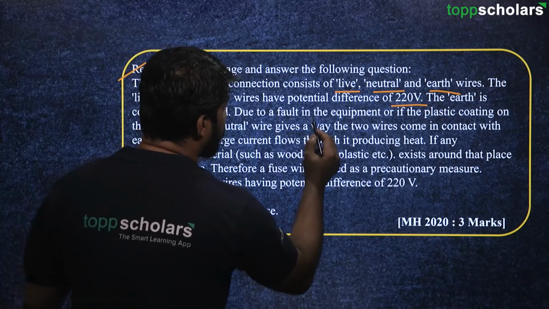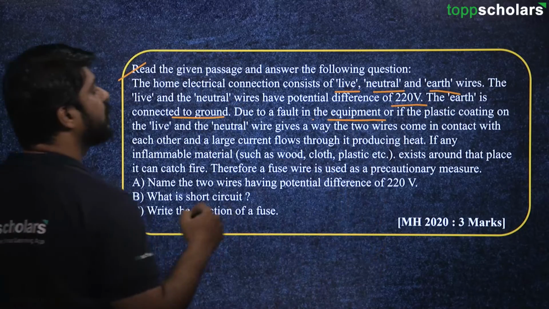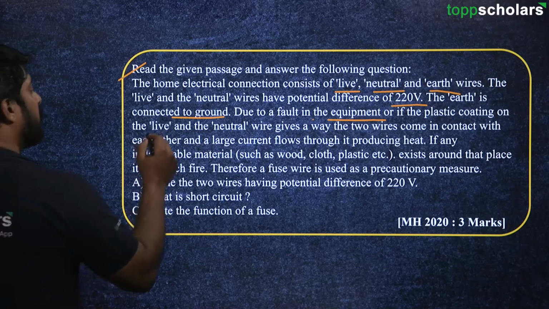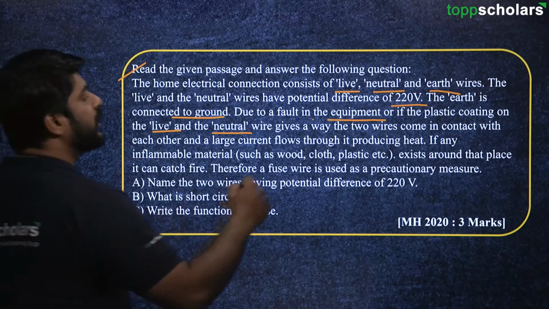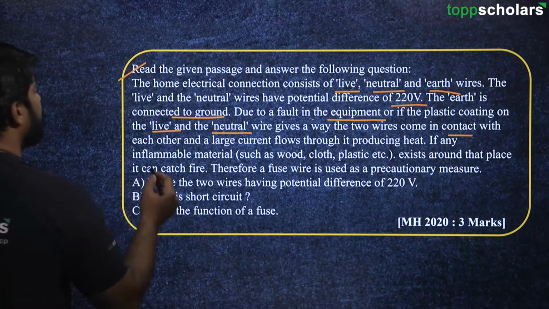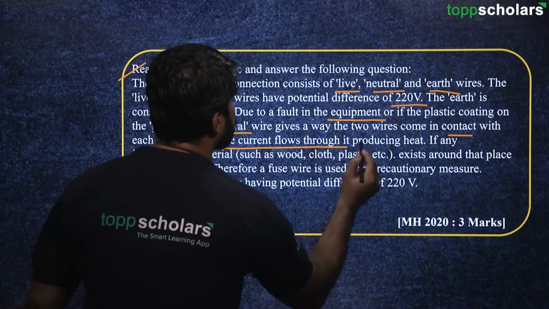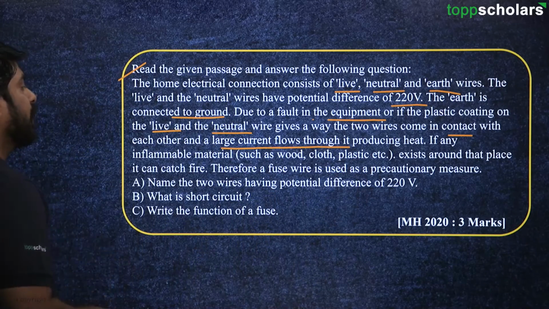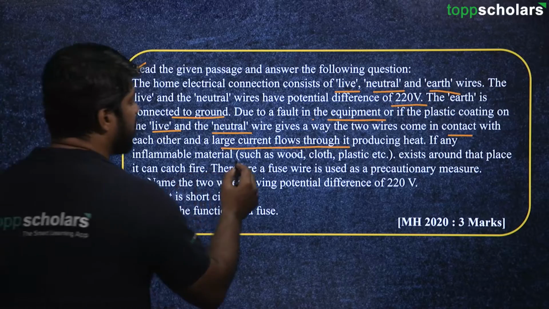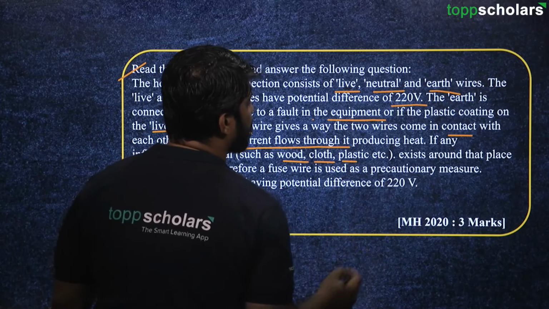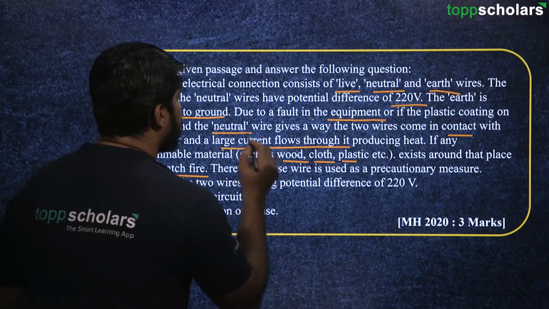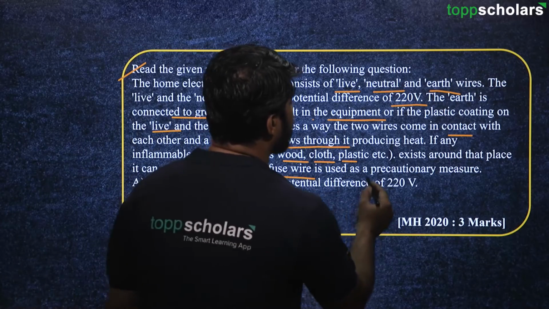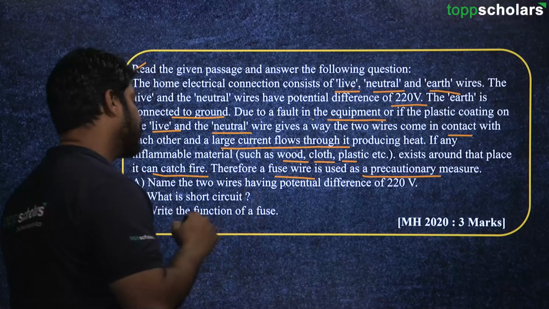Due to a fault in the equipment, or if the plastic coating on the live and the neutral wire gives way, the two wires come in contact with each other and a large current flows through it, producing heat. If any inflammable material such as wood, cloth, plastic, etc. exists around the place, it can catch fire. Therefore, a fuse wire is used as a precautionary measure.